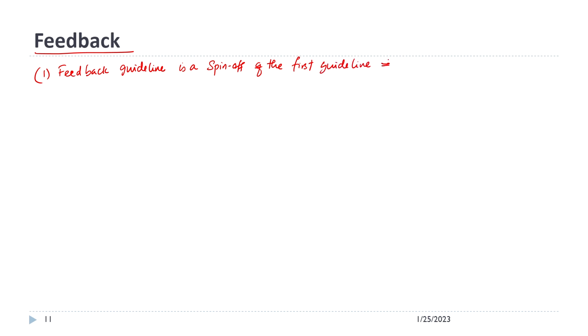That is the user in control. Okay. So, it is a spin-off, it means it is an augmentation, it is a new route of it. So, what does being in control mean?